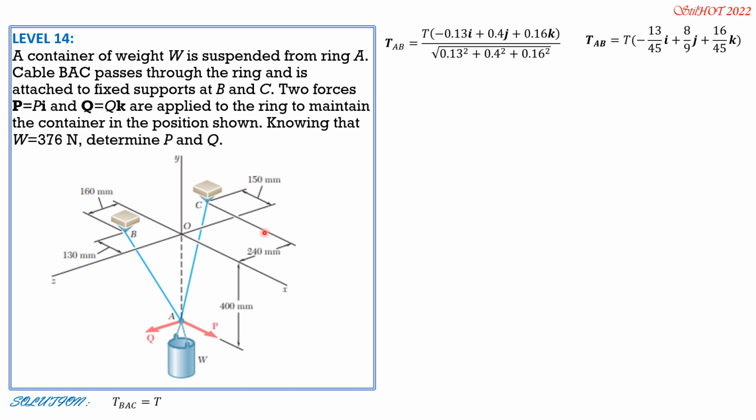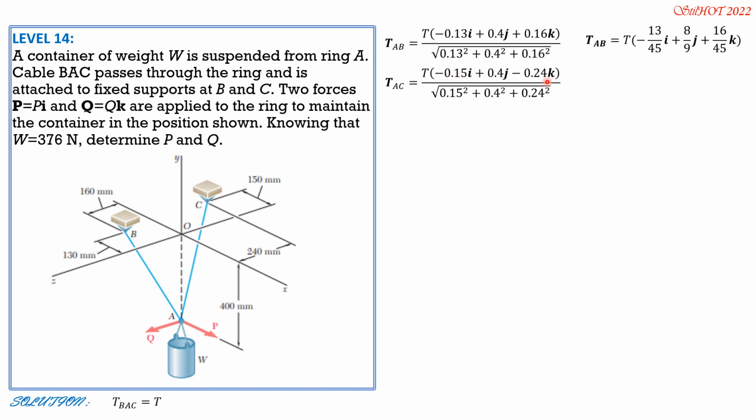Tension AC is magnitude T, quantity negative 0.15i, then upward 0.4j, backward 0.24, negative 0.24k, over square root of 0.15 square plus 0.4 square plus 0.24 square.